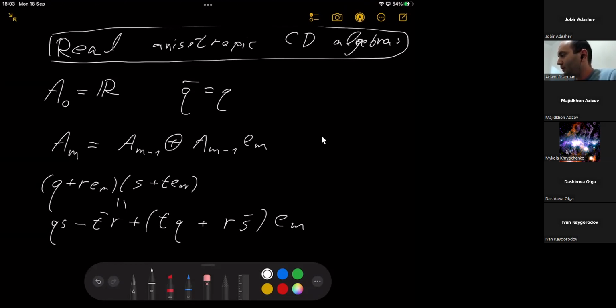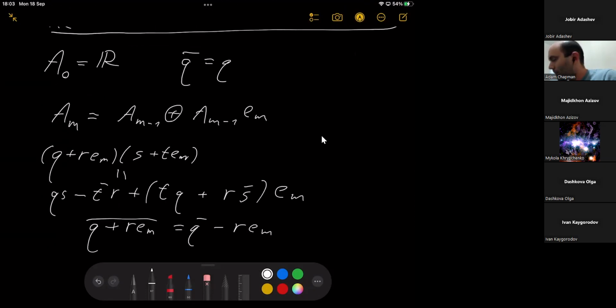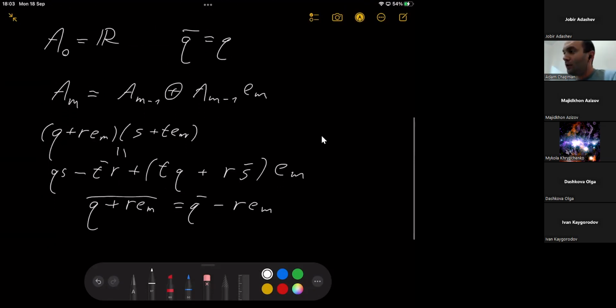But before we do that, I need to point out that you have also an extension of the involution, and the involution is extended in the following way. Q plus R times e_m, bar, is Q bar minus R times e_m. Okay.